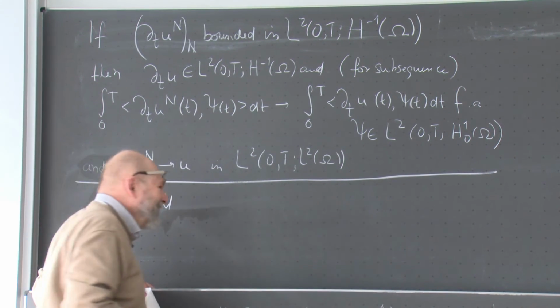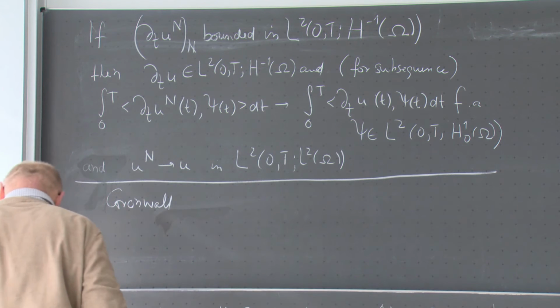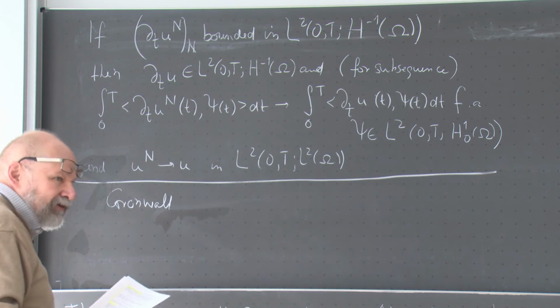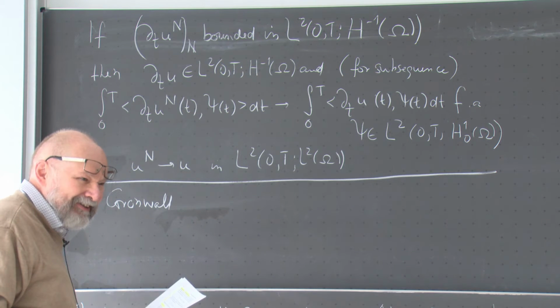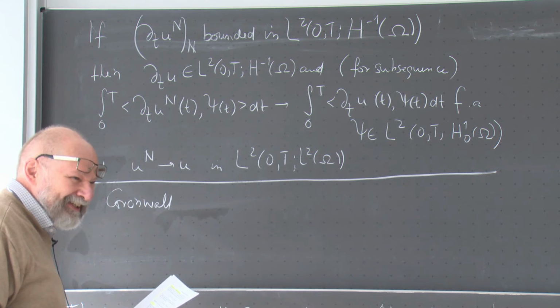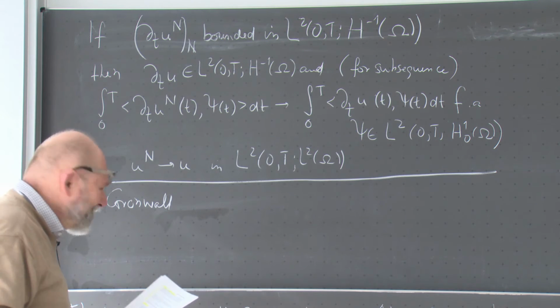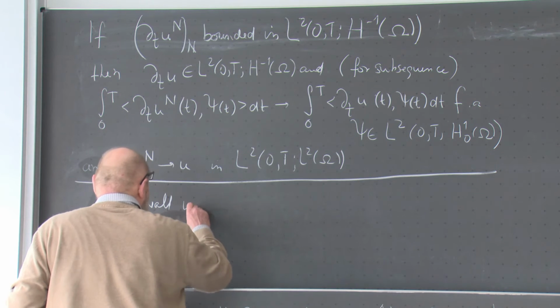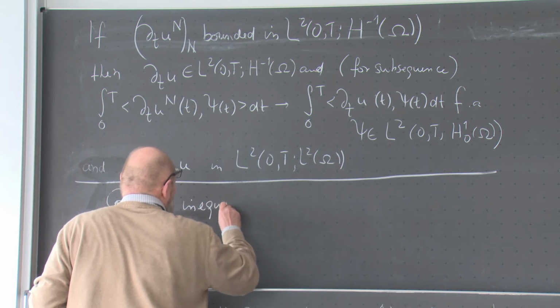Okay, good. Then I explain it a little bit. You've never done ordinary differential equations? No existence proof for ordinary differential equations? A little bit. Okay, it doesn't matter. It's not very complicated.